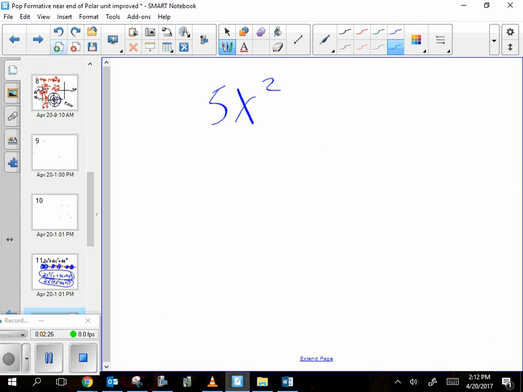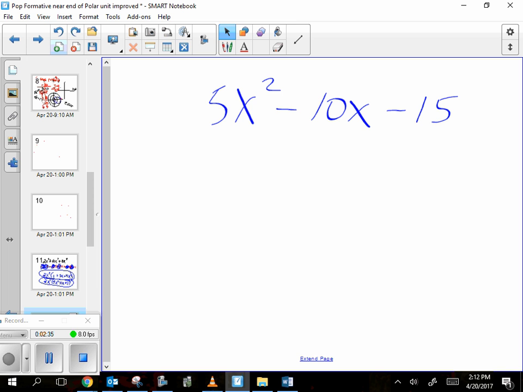5x squared minus 10x minus 15. They all have something in them. Figure out what they all, don't say it, figure it out. Write it out. Because I'm afraid you'll know that there's, okay, I'll tell you, there's a 5 in all of them.